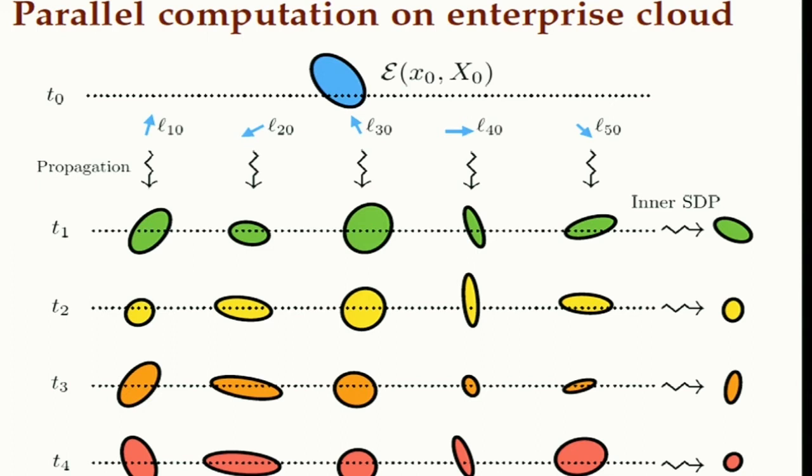Also in the horizontal direction, we compute the inner SDP across the parameterization, which can also be parallelized. So there is parallelization of the inner SDP and also of the propagation. Once this is done, if you want to compute the outer SDP, then of course you have to wait, collect the data, and do one single optimization problem.